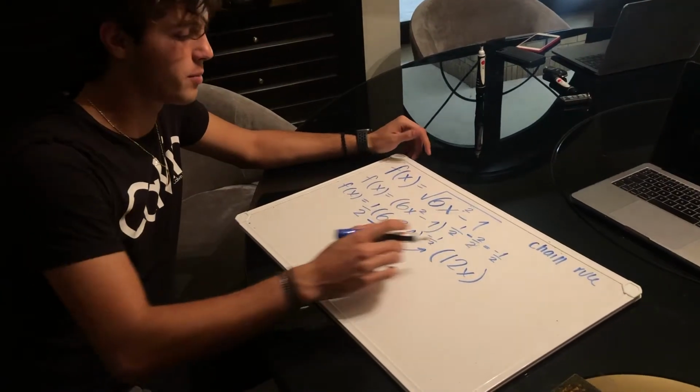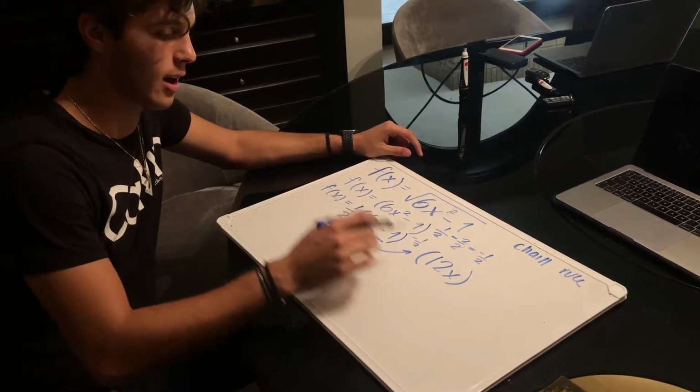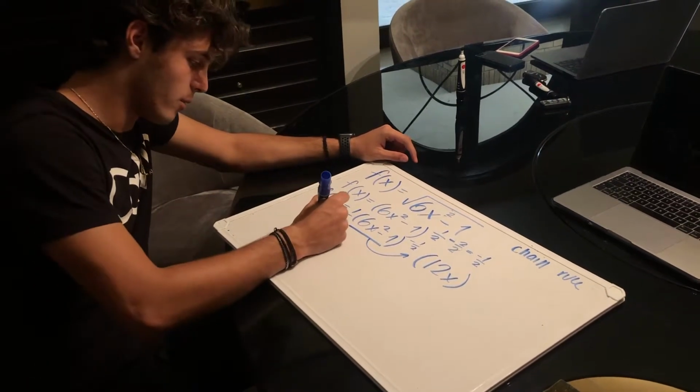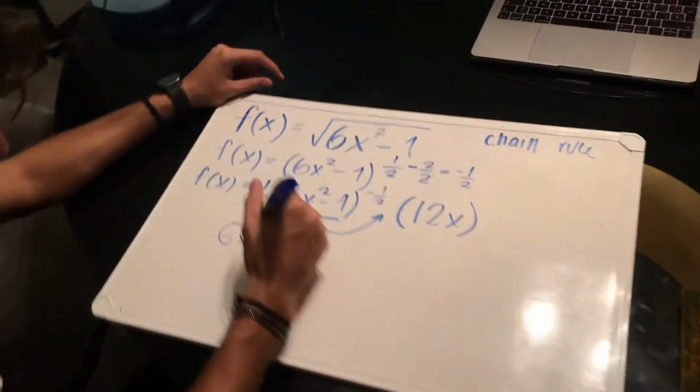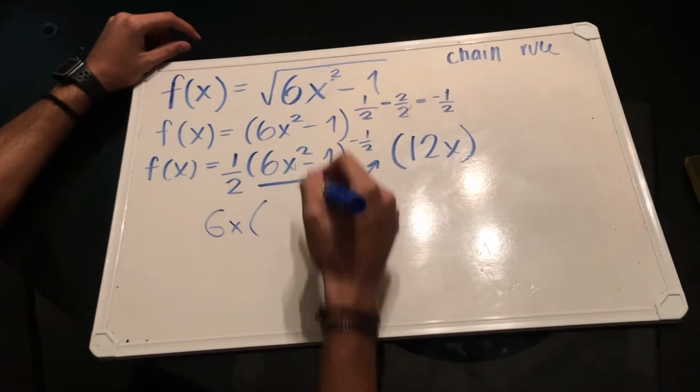Okay, after doing this process, you need to multiply the 1/2 times the derivative, which will be 6x, and this remains the same.